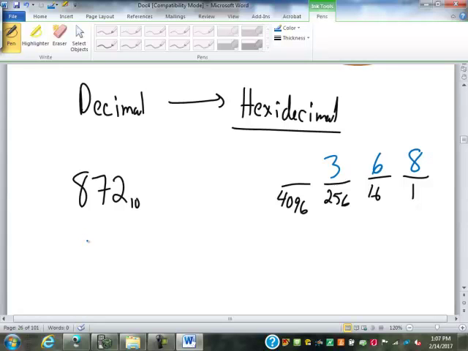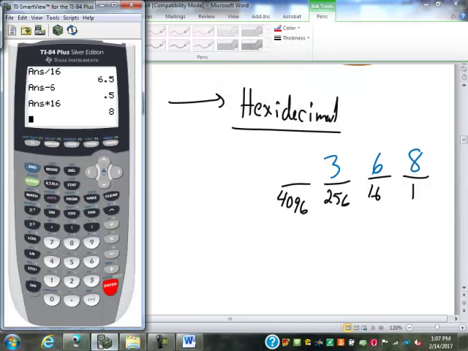So let's say I have 249 base 10 and I want to convert it. Can I divide by 256? 256 is going to be bigger than the 249. So we can't divide by that. So we've got to go down to the 16.